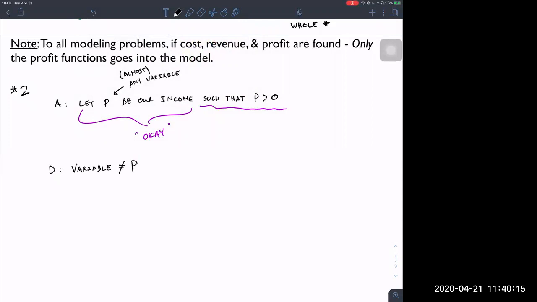And again, that's just being a little extra, if you will. Only a handful of students do this every year, less than 5. They give me an X or a P in this case for letter A, and then for letter D, they tune out and just use the same variable again. And of course, that's impossible because how can the same variable represent the income and what you're paying? What are you paying an intern? Yeah.